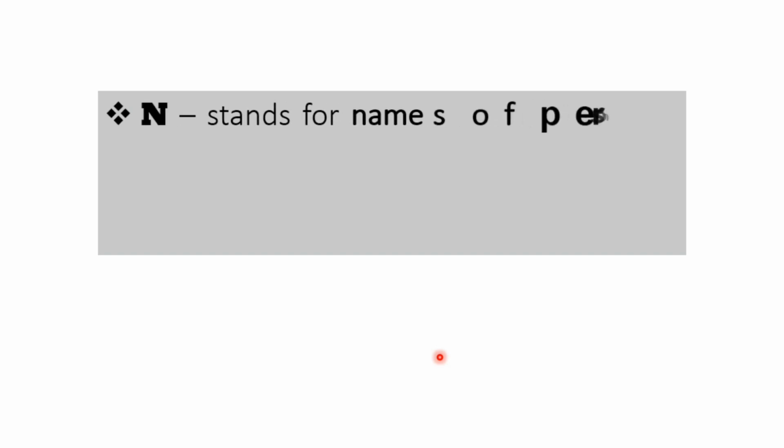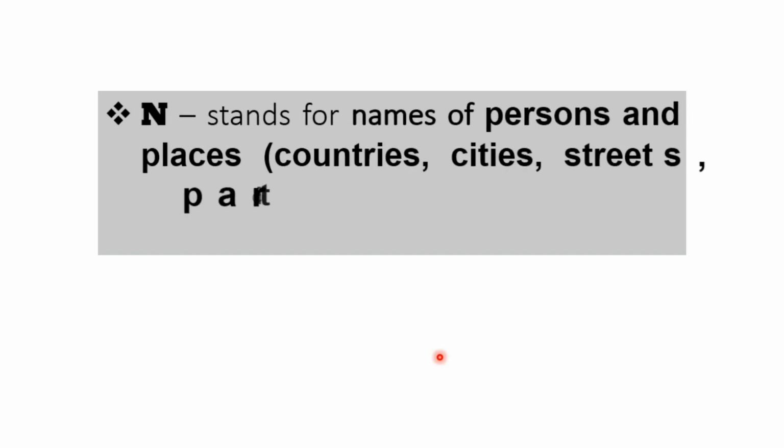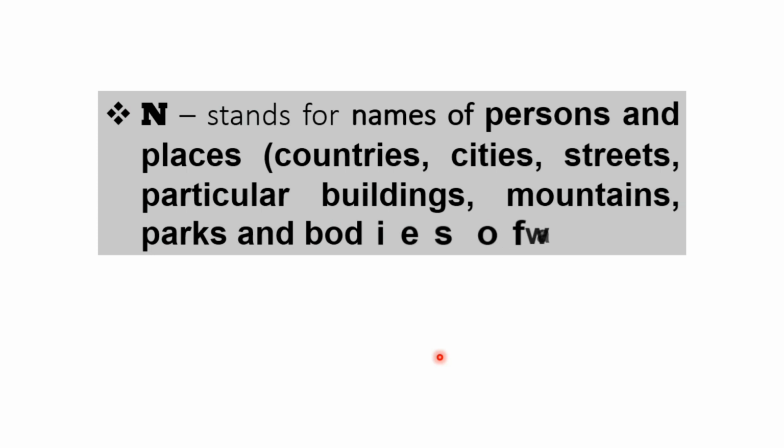We have letter N. It stands for names of persons and places, such as countries, cities, streets, particular buildings, mountains, parks, and bodies of water. We are going to start with names of persons. When we say names of persons, we are referring to your name, my name, or everyone's name. So in writing our name, writing it or typing it, we need to capitalize the first letter.